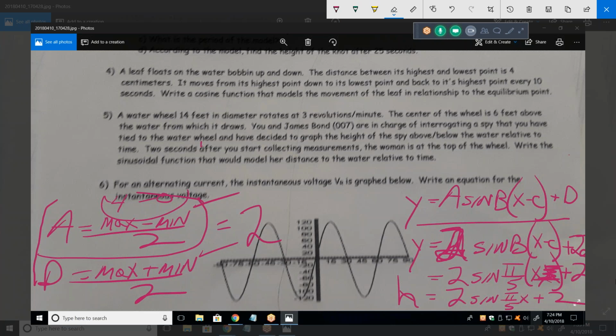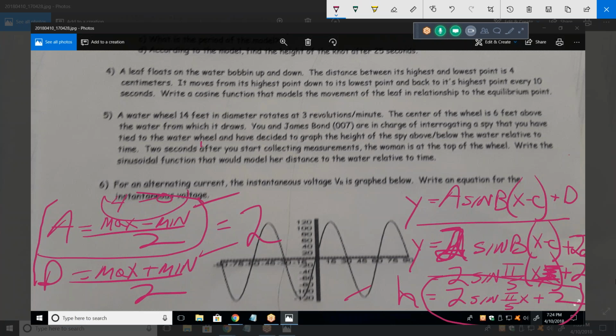So there's lots of different equations that can work, and they don't all have to be sine. I could make a cosine equation with a phase shift that worked. The question is, does that work?